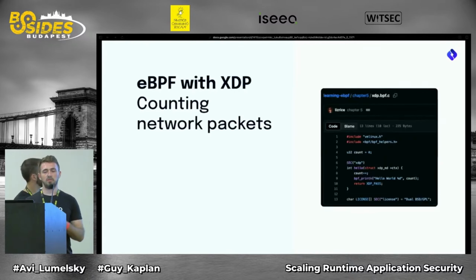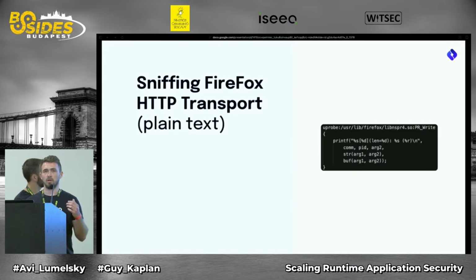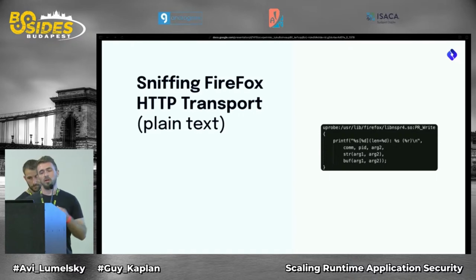You can count the network packets, and you can even take a look at the Firefox HTTP raw transport after it was decrypted and peeled from the TLS. So all of this is just a tiny example, and it's possible. Let's say in this example, we can also create a web application firewall that is completely eBPF-based, just like the first firewall, which was BPF-based.